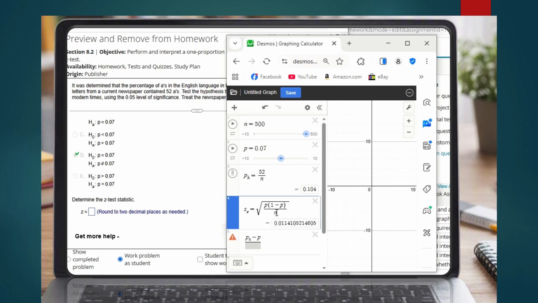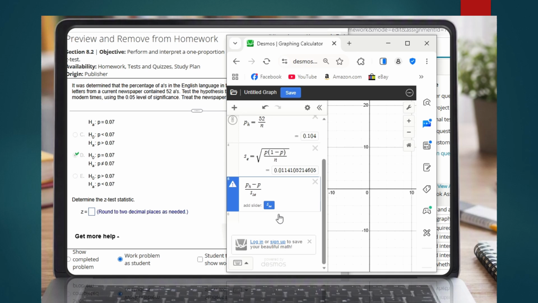So we've got the values here, and this would have to be divided by the standard error, right? So P hat minus P over standard error.